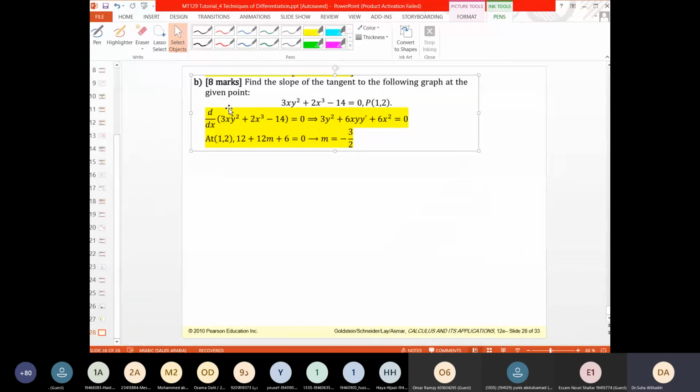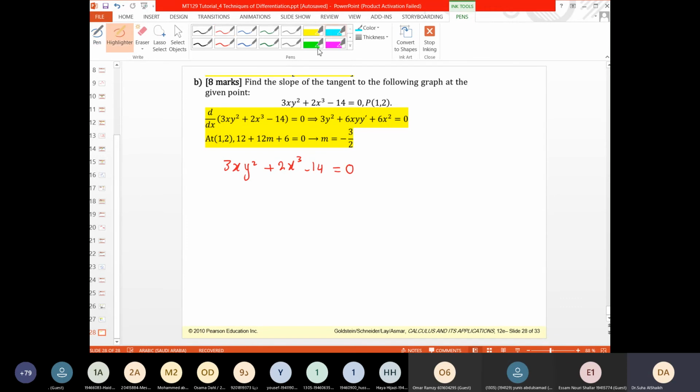Find me the slope of the tangent line of this function at the point P, which is (1, 2). This is implicit. So the function is 3x y squared plus 2x cubed minus 14 equals 0.